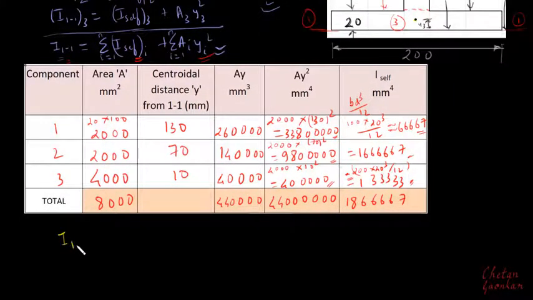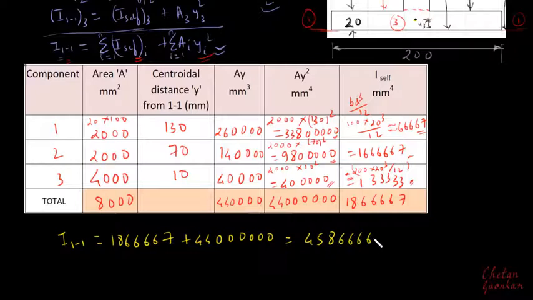So I11 will be equal to summation of I self, that is this value 1866667, plus summation of ai yi square, that is this term, that will be equal to 44 1 2 3, again 1 2 3, and this should be equal to 4586666, and then 7.